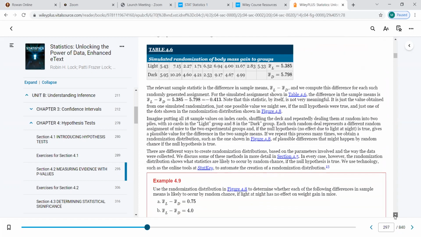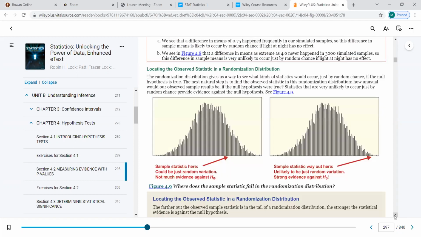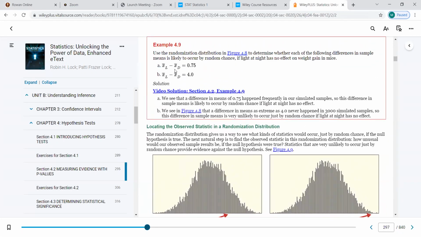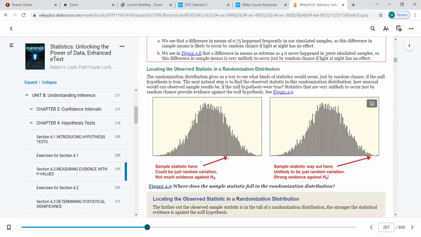Here's again the original randomization distribution, the one that was shown before. So 0 is in the middle. Suppose the difference between the two sample means is 0.75. That would be approximately over here somewhere.